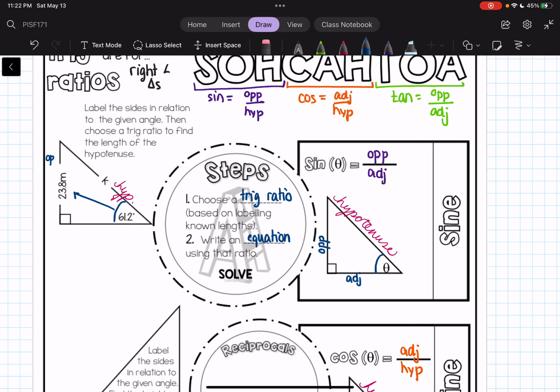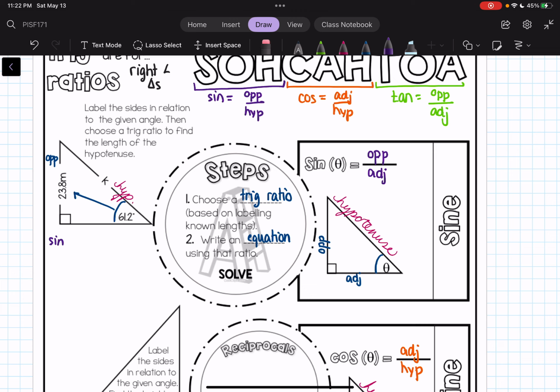I don't have the adjacent, so I don't want to use the adjacent because I don't know this. And I don't need it because they're asking me for hypotenuse. So I'm not going to use a trig ratio that uses the adjacent. I want a trig ratio that uses the opposite and the hypotenuse. And that trig ratio is sine.